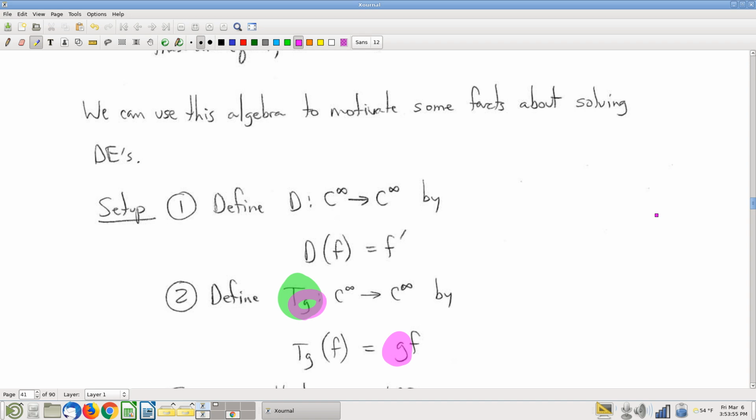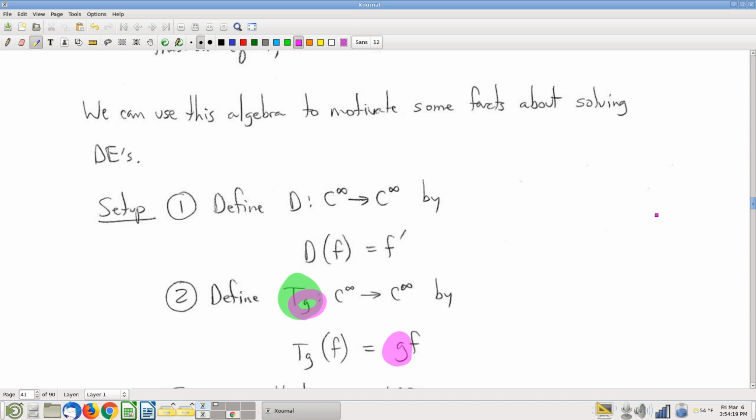And this is linear. If you were to apply the action of multiplication by g on a linear combination of f's, c1 f1 plus c2 f2, you get, easily checked, the expected linear combination of individual outputs. So make sure you can do those details.